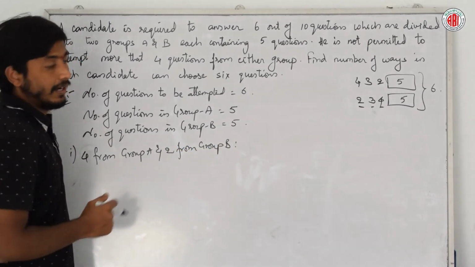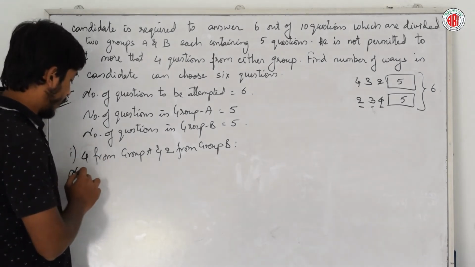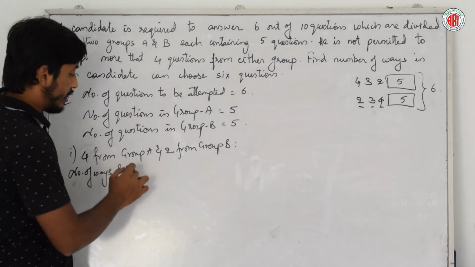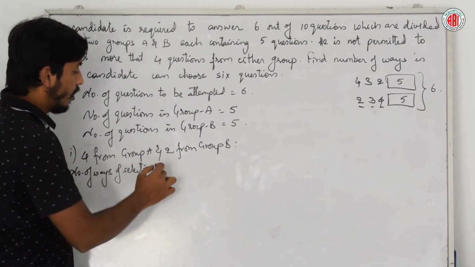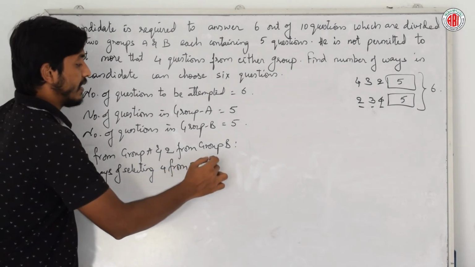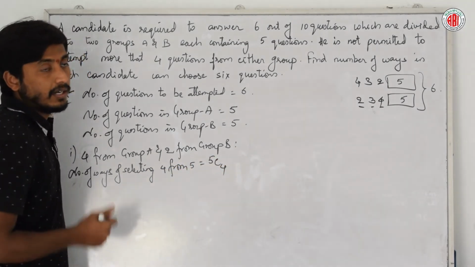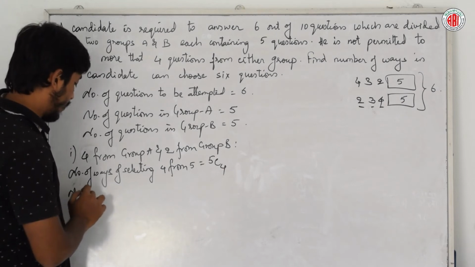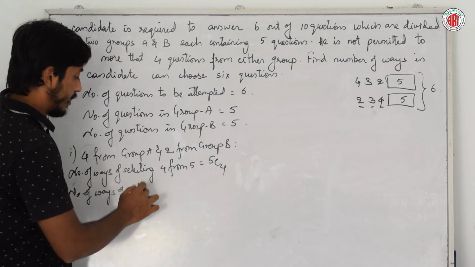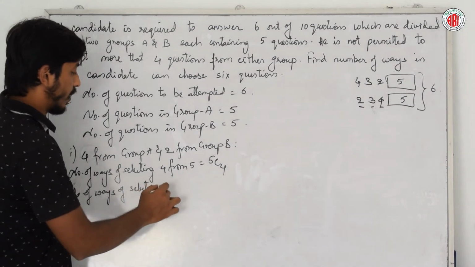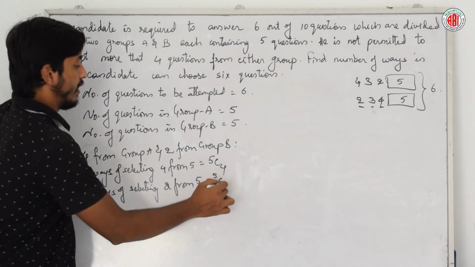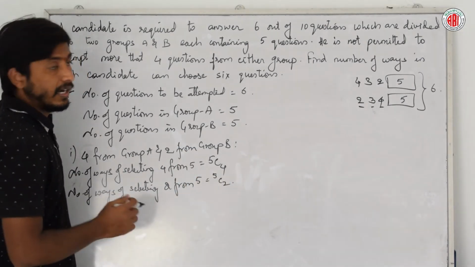So what can be done? For 4, the number of ways of selecting 4 from 5 is 5C4, isn't it? Obviously, the number of ways of selecting 2 from 5 is 5C2. Is it right?